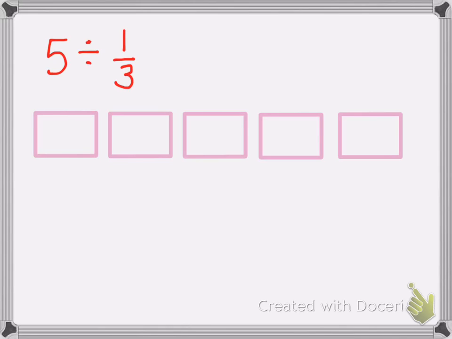Now I'm going to take each box and split it into whatever my denominator is. In this case, it's a 3. So I'm going to split my boxes into equal thirds.